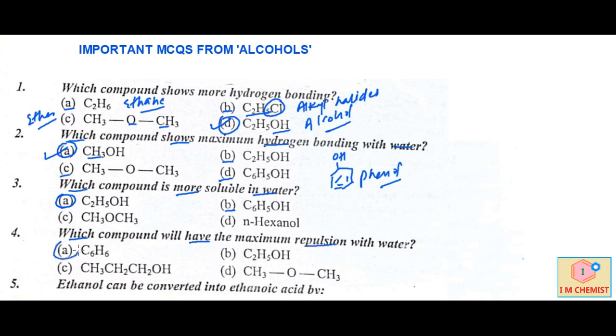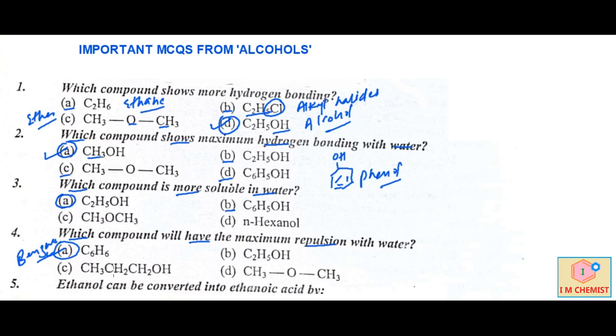MCQ number 4, which compound will have the maximum repulsion with water? Option number A, C6H6, that is benzene. As we know, benzene is non-polar in nature. It cannot make hydrogen bonding with water. Water is polar in nature, while benzene is non-polar in nature. Hence there will be maximum repulsion between benzene and water. Option number B is alcohol. Alcohol can make hydrogen bonding with water, hence it is soluble in water. There would be no repulsion.